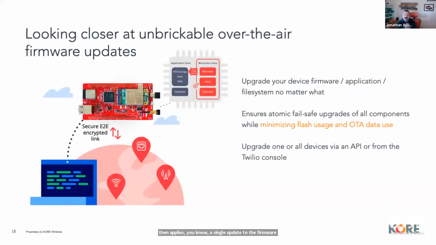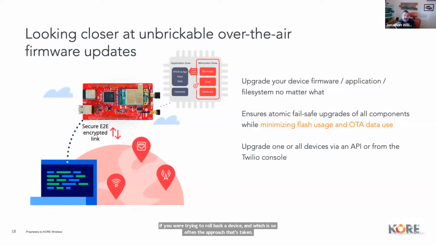And that ensures that the upgrade is applied in a fail-safe and restartable way. It's an atomic operation, really. So that upgrade is atomic from the application's point of view, but without needing to store multiple copies of the firmware in the staging area. And that saves you the usual flash space that you might need to store multiple copies of the firmware if you were trying to roll back a device, which is so often the approach that's taken.